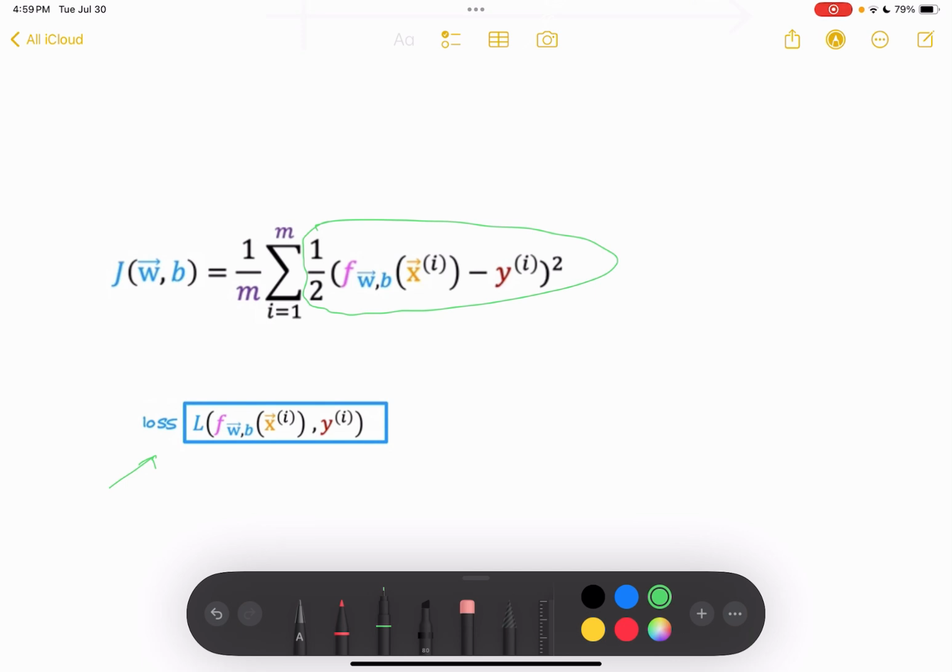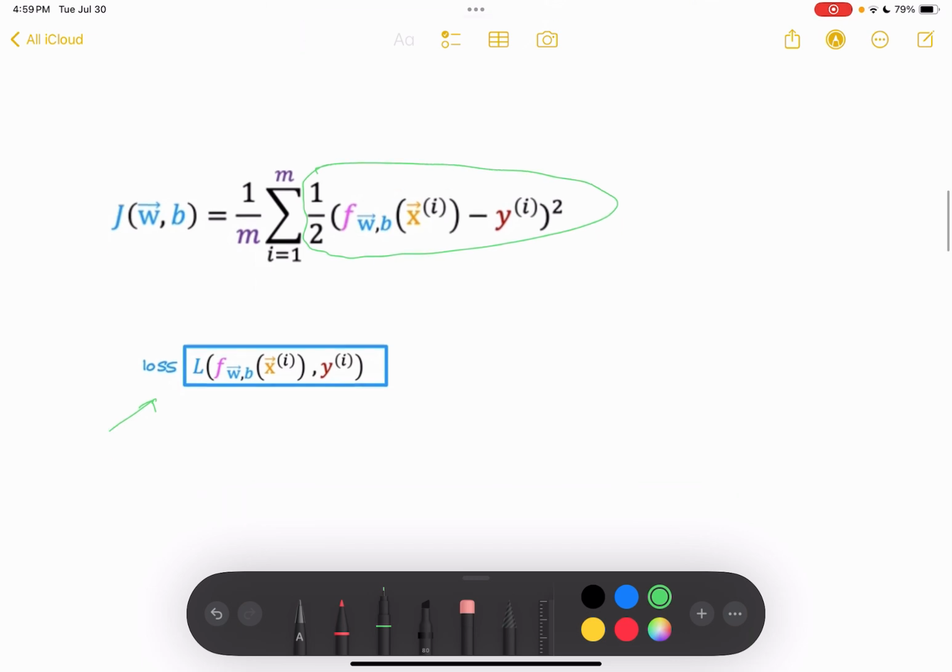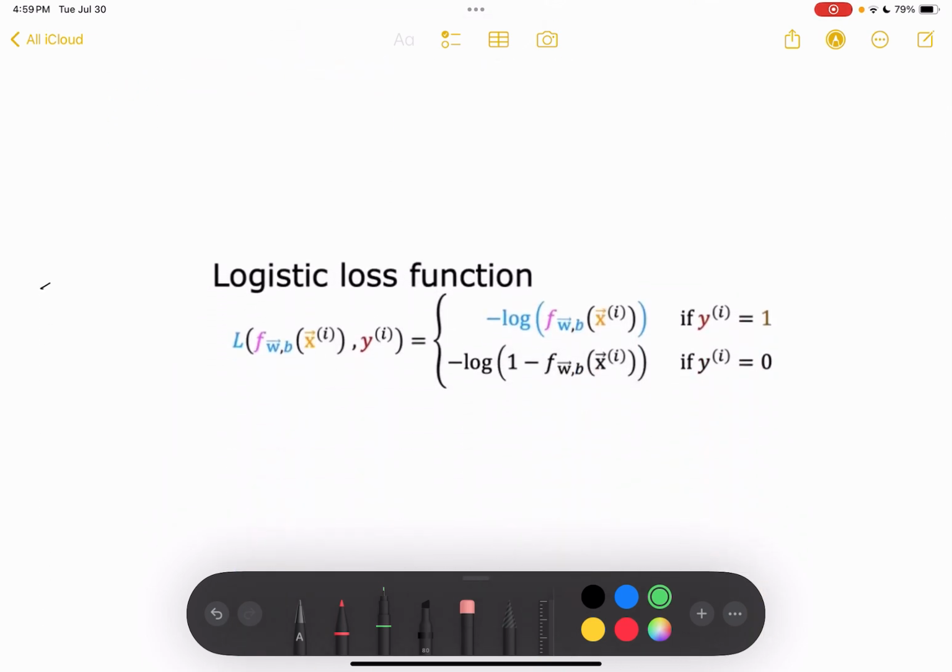Okay, so what does the logistic loss function actually look like? It is a bit more complicated, but not to worry, it's not that bad once we break it down. There are actually two parts to the logistic loss function, and it depends on what the true value of y is.